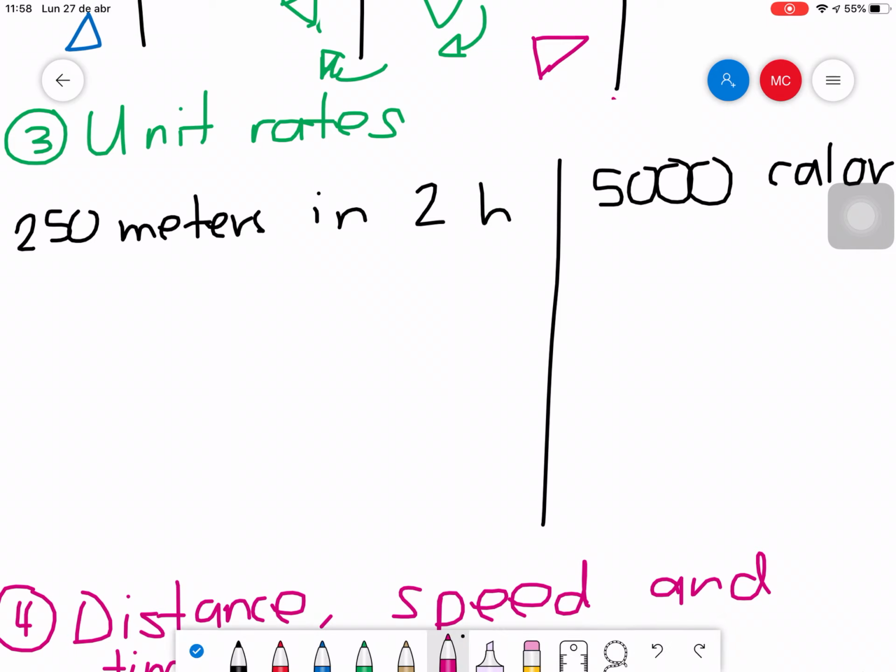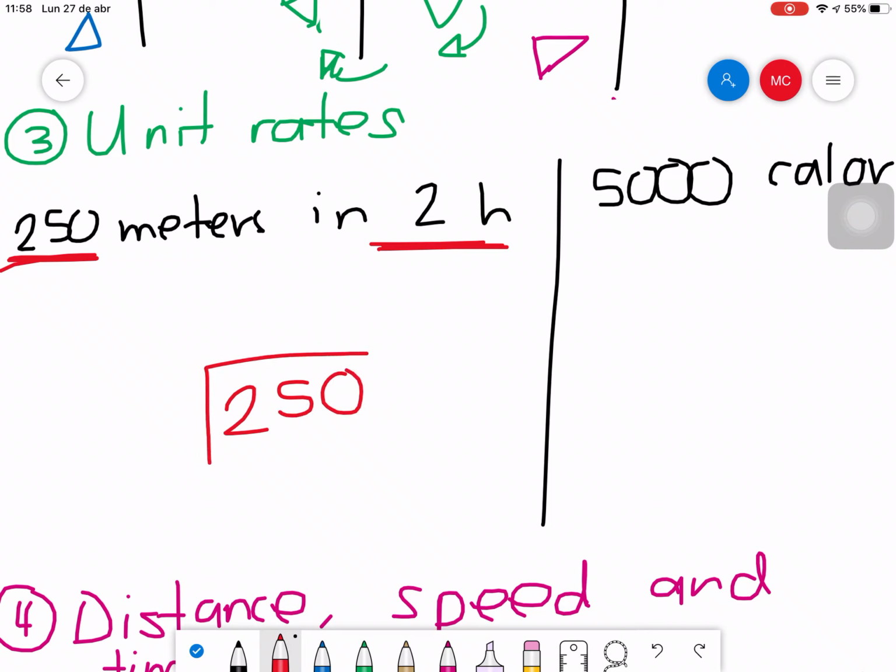So what you're gonna have to do is identify the numbers, okay? The amount of meters that person ran is gonna be inside of the division, and you're gonna divide it by the hours it took that person to run 250 meters.